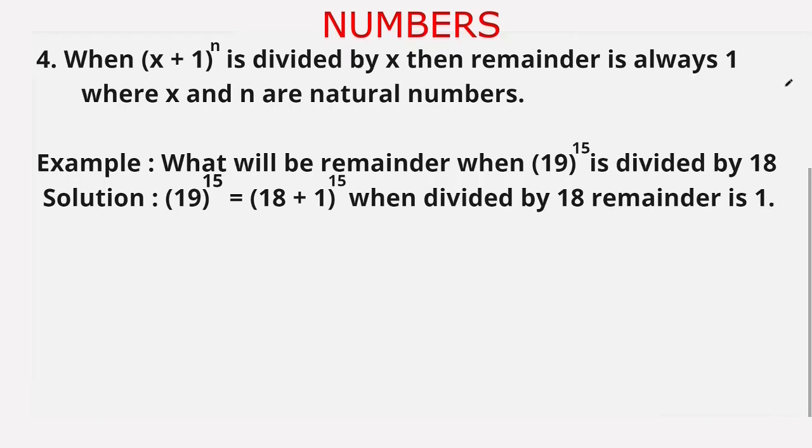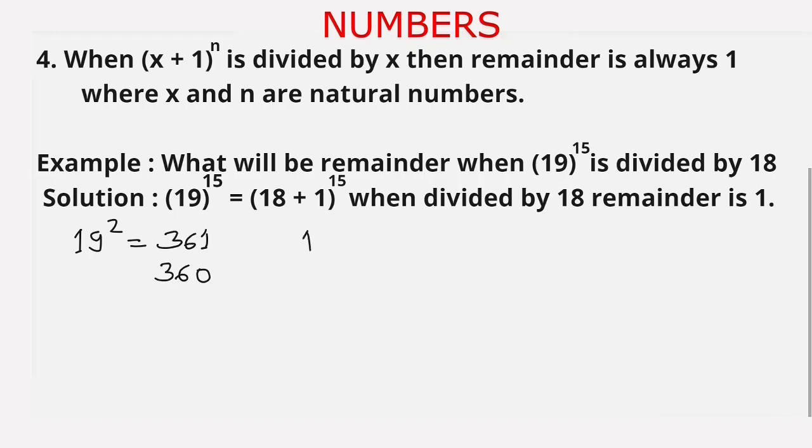Now we can verify this with some more easy illustrations. 19 to the power 2 is 361, and when 361 is divided by 18, 18 times 20 is 360, and the remainder is 1.